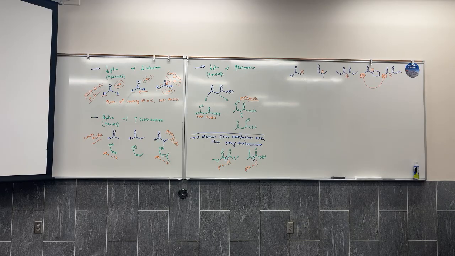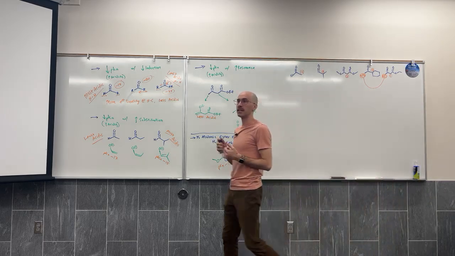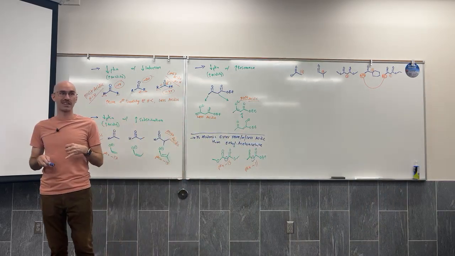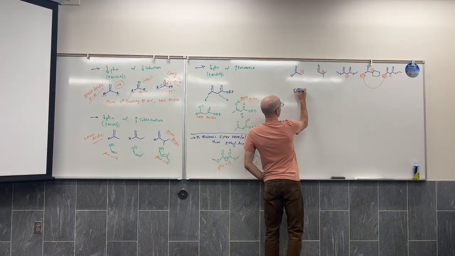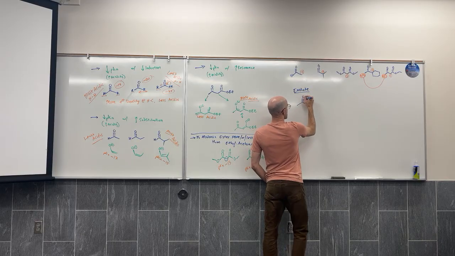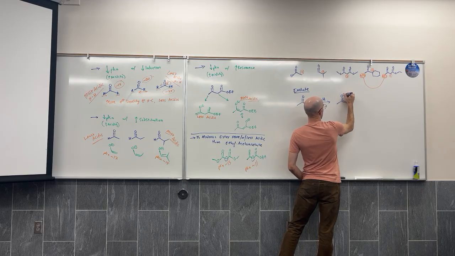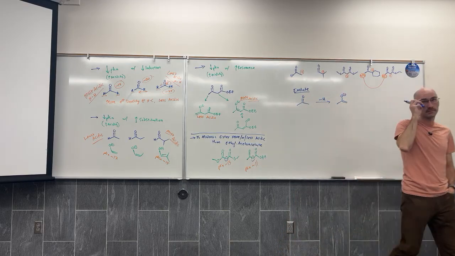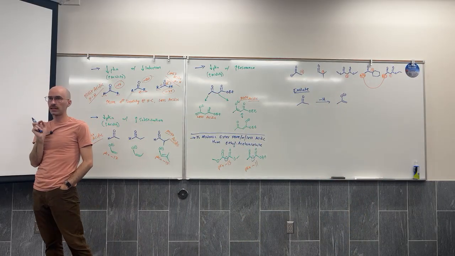Okay. So we've got our alpha hydrogens. And we know that they can be removed. The removal of an alpha hydrogen, or the deprotonation of an alpha hydrogen, forms the enolate. Can you see why it's called an enolate?